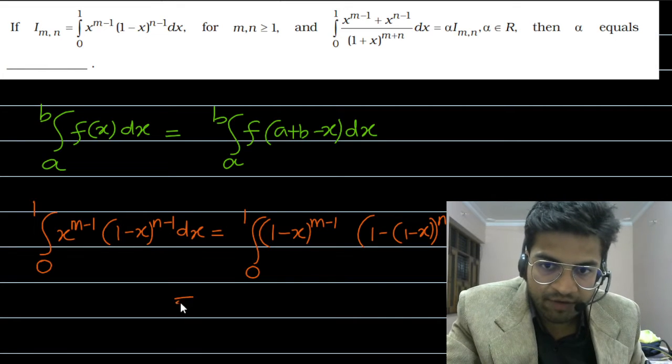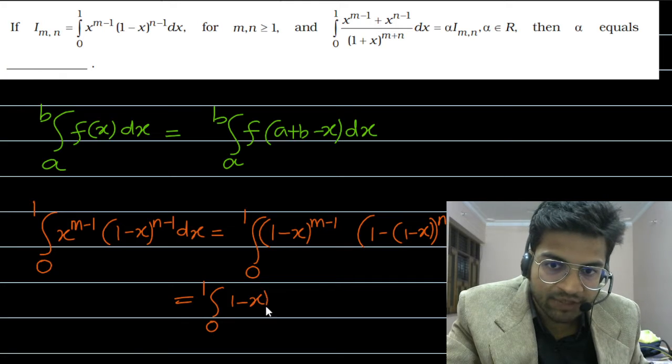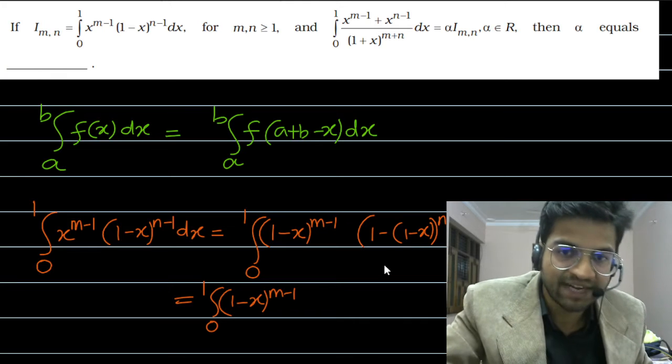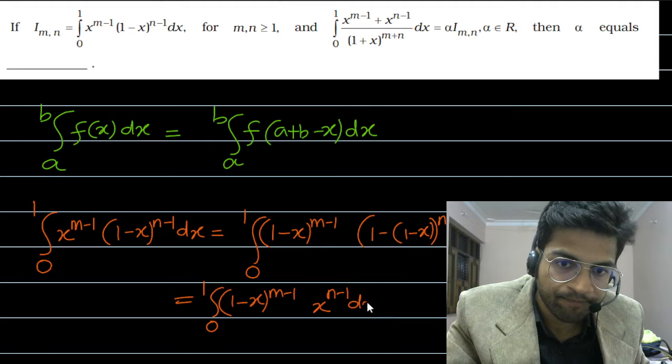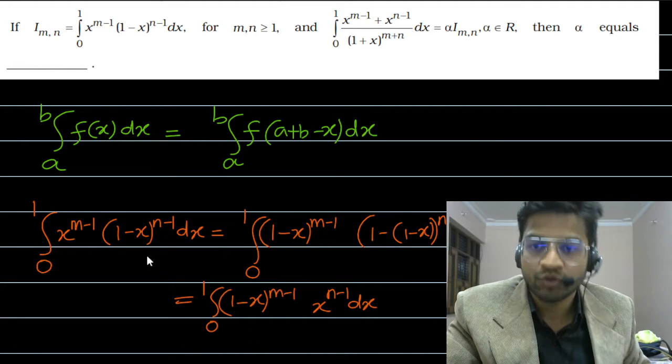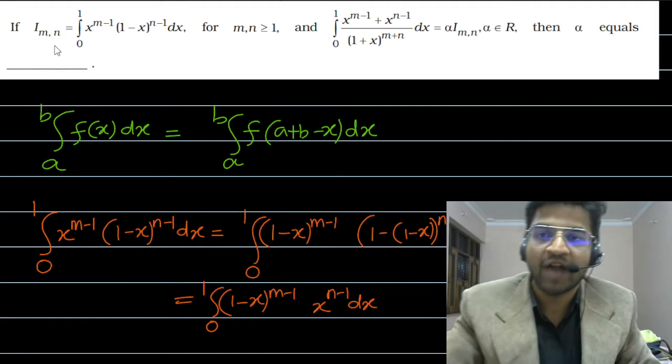Through this we have the second expression as the integral from 0 to 1 of (1 minus x) to the power m minus 1 and 1 minus (1 minus x), that will be x only, x to the power n minus 1 dx. So these two are the same expressions for Imn.